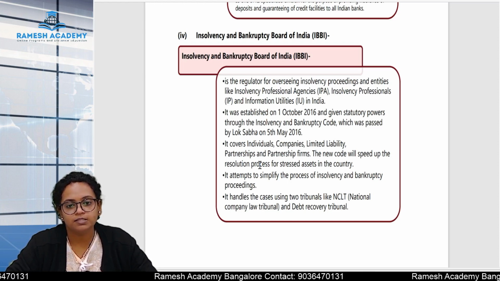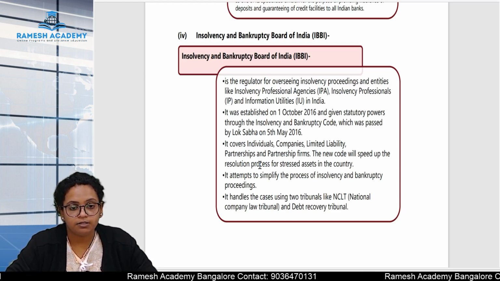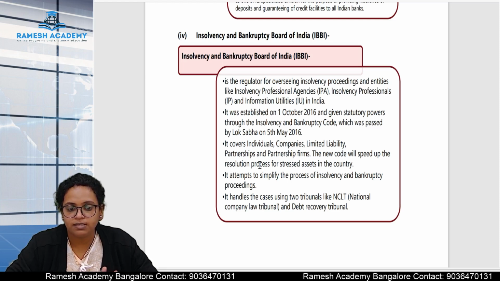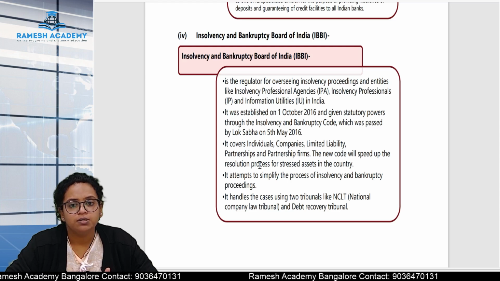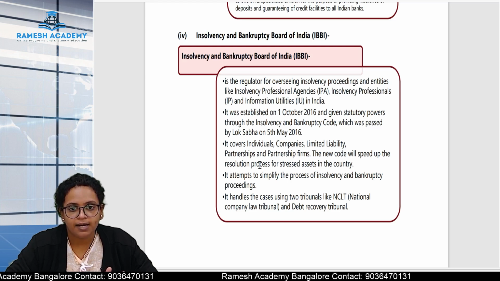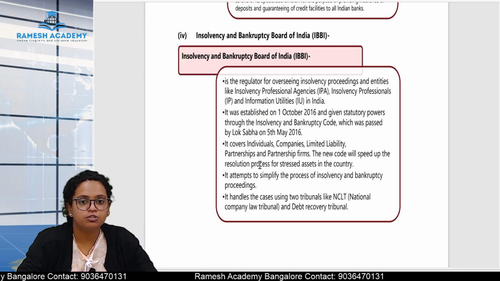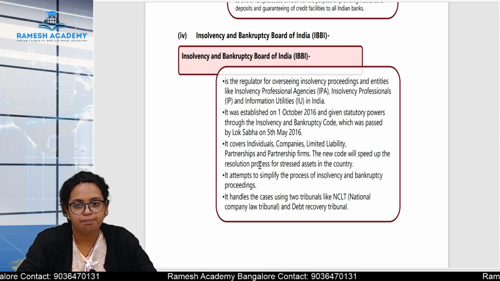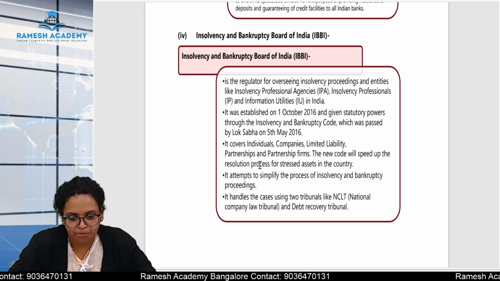So that's why, under this IBBI, the processes get easy and the process of insolvency gets faster. This was established in the year 2016, and the code was passed by the Lok Sabha in May 2016.